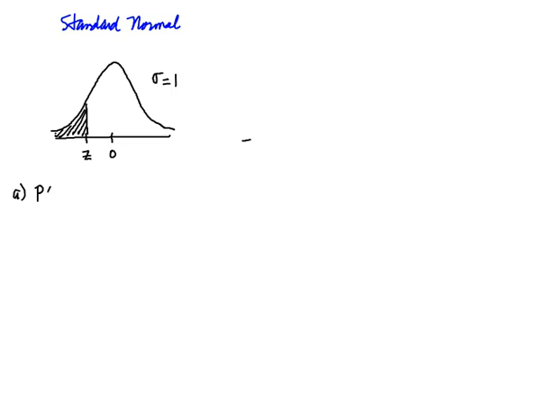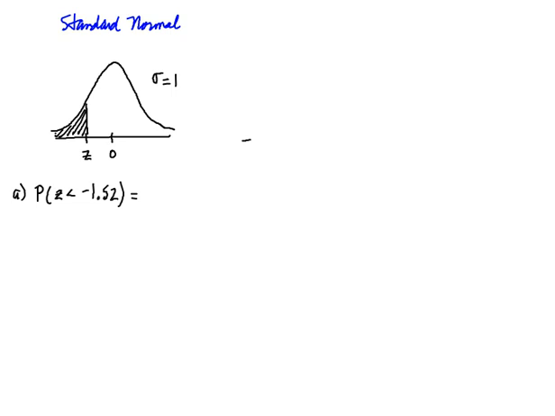What would be the probability that in a normally distributed data set I would pick out a value and its z-score would be less than, say, negative 1.52? To use the table to find that value, I see that the rows are the z-values and the columns are the z-values.